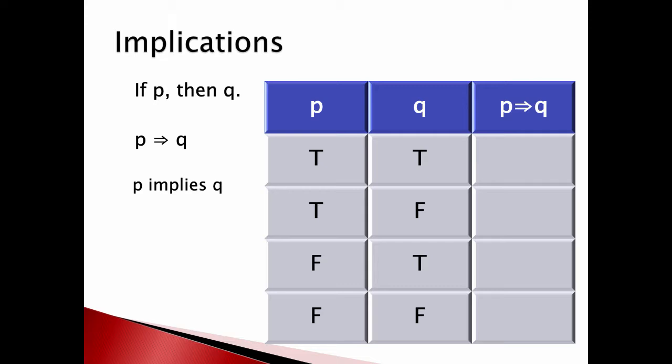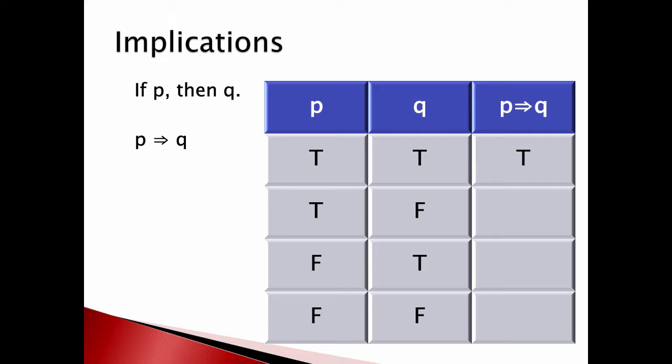In other words, what I'm asking is the statement, quote, if P is true, then Q is true, unquote. Is that true? Well, in this case, it is, because P is true and Q is true. So if P is true, then Q is true. That would be true. Okay? What about the next one?